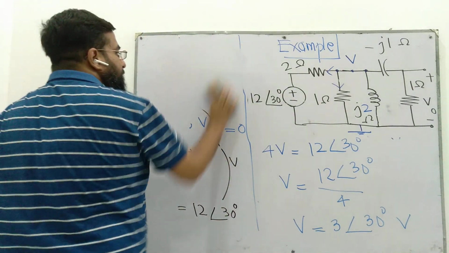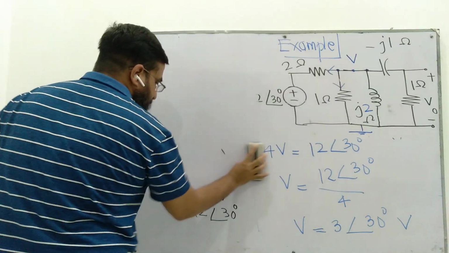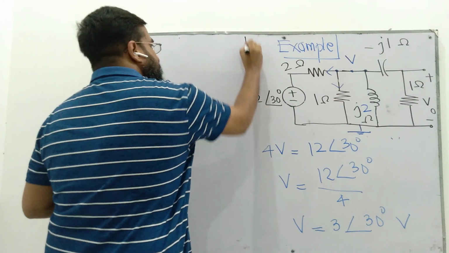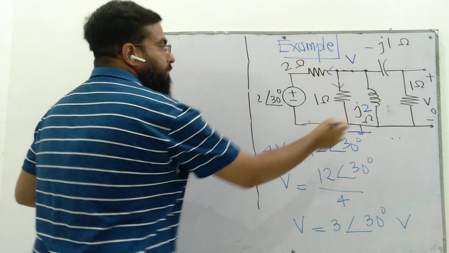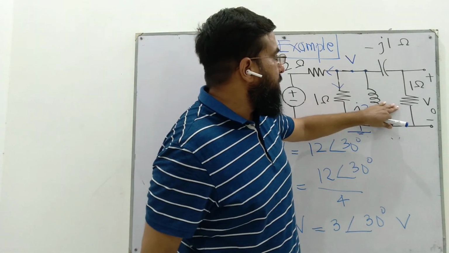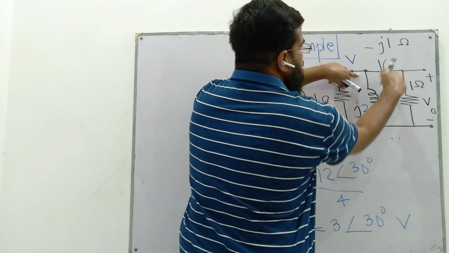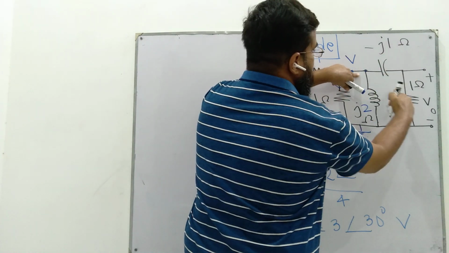Now we are almost done, because we need to calculate the output voltage V out, which is the voltage drop across the 1 ohm resistor. We have this voltage drop V, which is across this minus j1 ohm capacitor and this 1 ohm resistor.